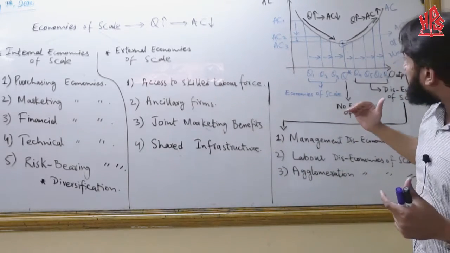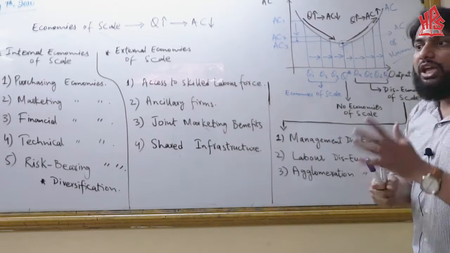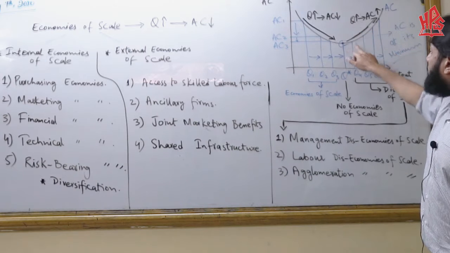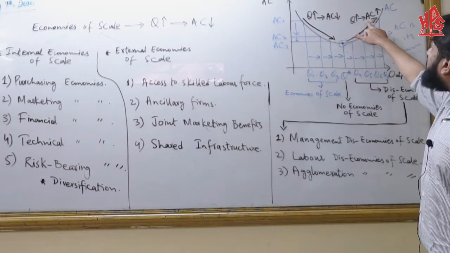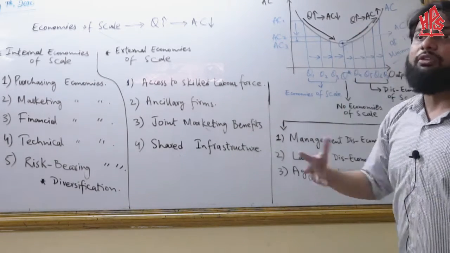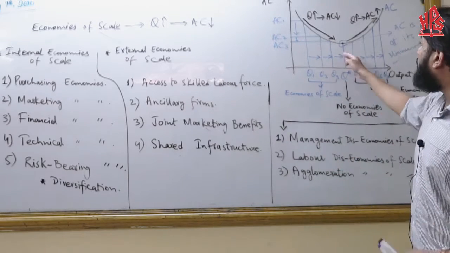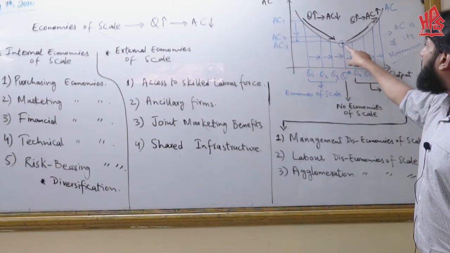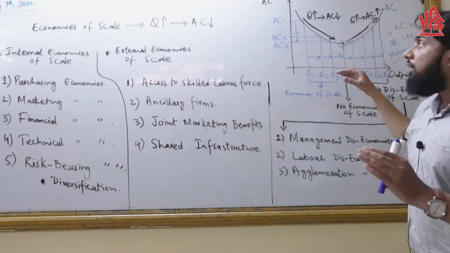In this phenomenon, as we increase output to Q4, Q5, Q6, Q7, our average cost of production also increases, and that is not desirable for a business, rather than producing at the minimum average cost point, which is Q star.